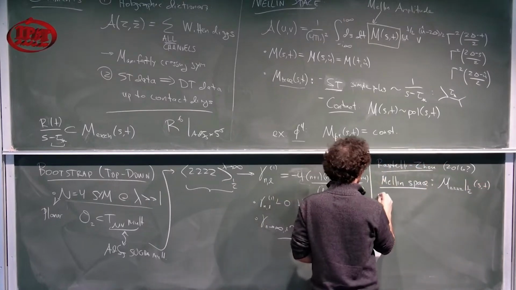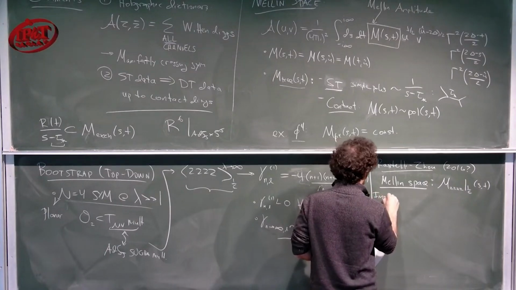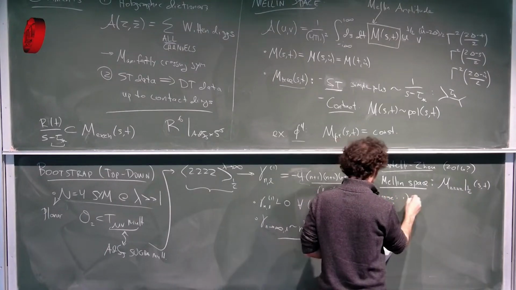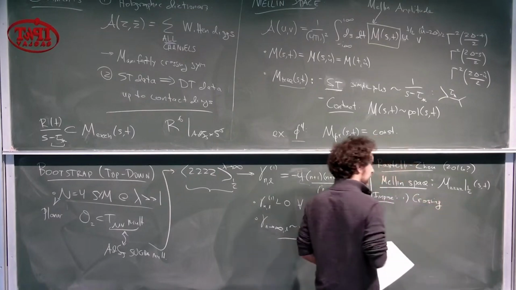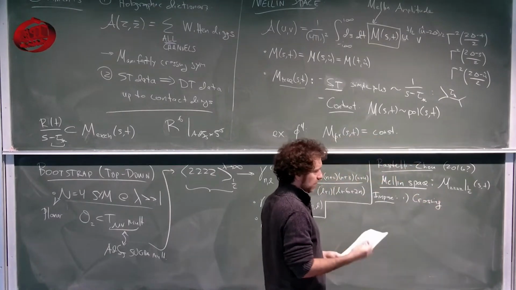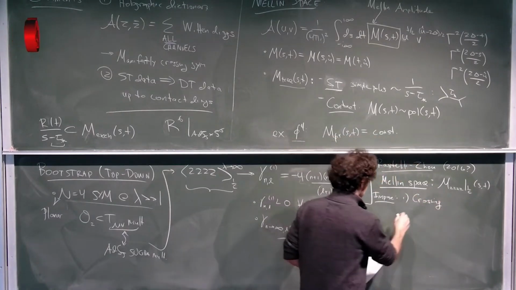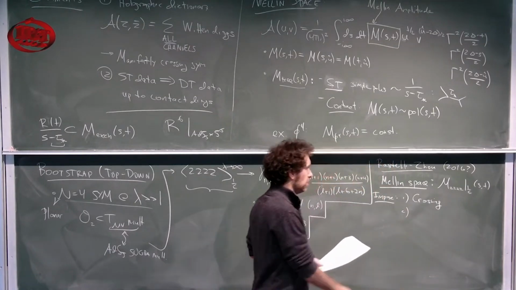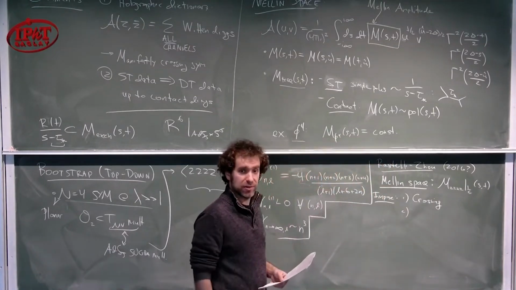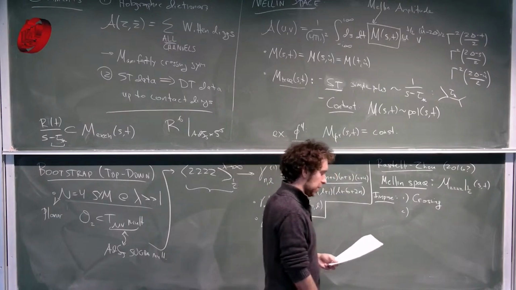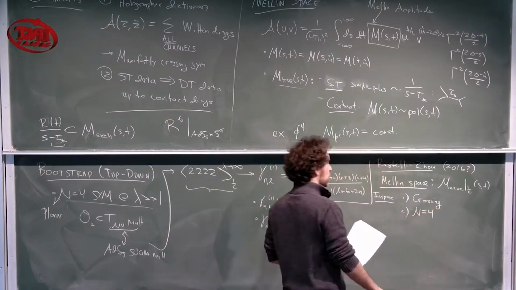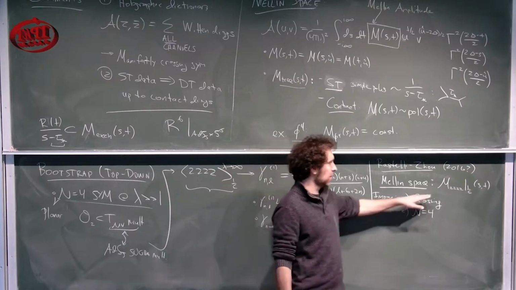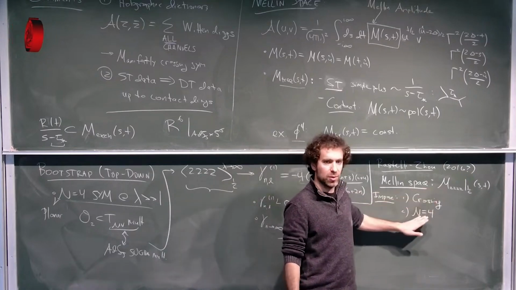What did they impose? First, they impose crossing. That's kind of for free in Mellin, but that's why it's good. So they want some totally permutation symmetric function of S, T and U, or what I called U hat before. They impose the superconformal Ward identities on this correlator that come from N equals 4 superconformal symmetry.